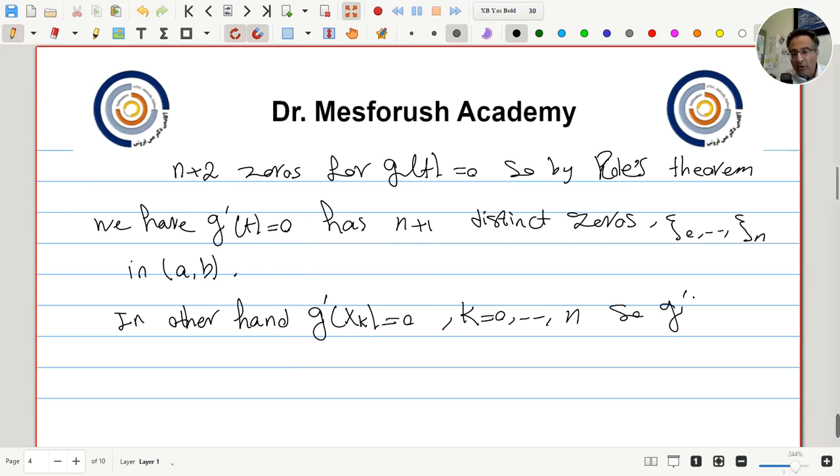Okay, so g prime of t equal to 0 has 2n plus 2 roots, like c0 to cn and x0 to xn.